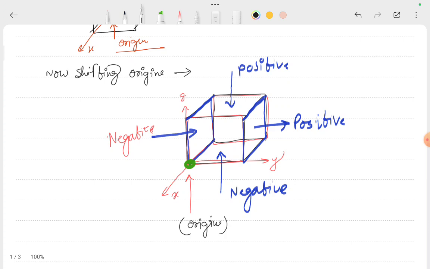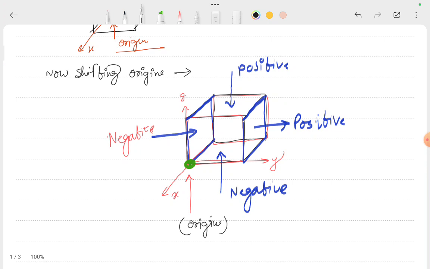After shifting the origin, which side is positive and which side is negative, we have already mentioned here. So please remember this pictorial form, which is very important for the upcoming concepts.